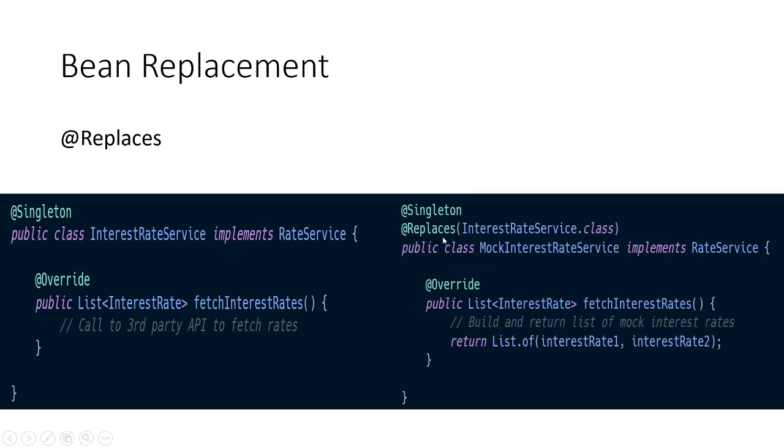In this case, you can define a MockInterestRateService in your test package, which again implements the RateService and overrides the fetchInterestRates method, which will simply return a mock list of interest rates without making that API call.